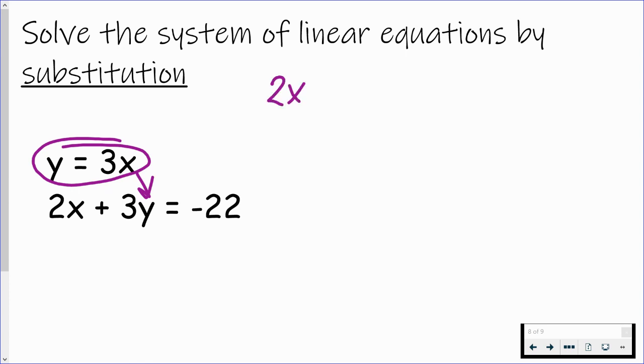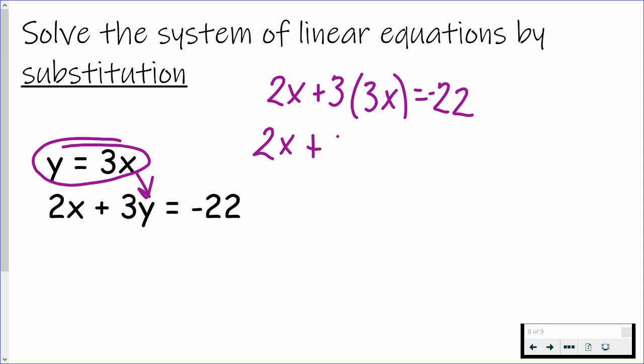I'm going to have 2x plus 3 parentheses 3x equals negative 22. I'm going to clean some things up. 2x plus 9x equals negative 22.